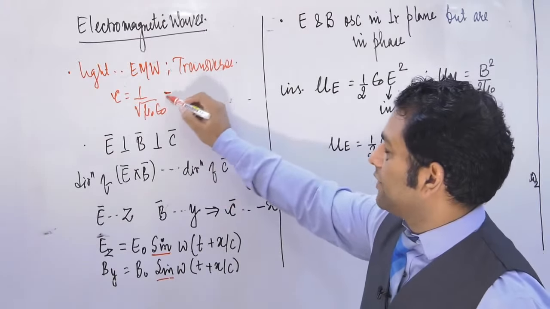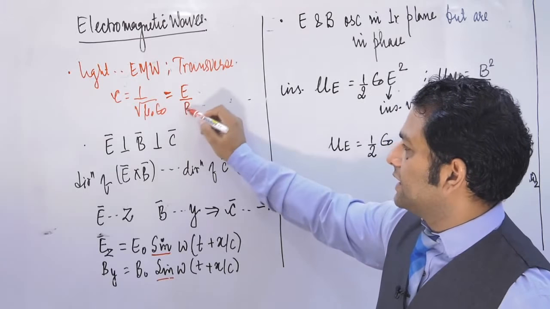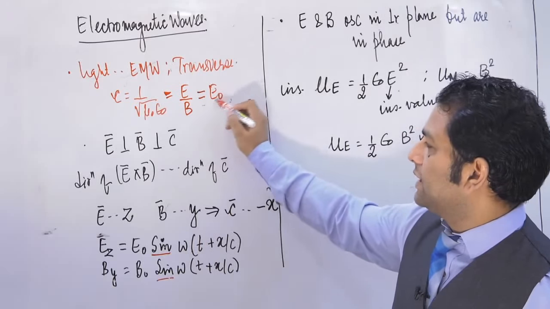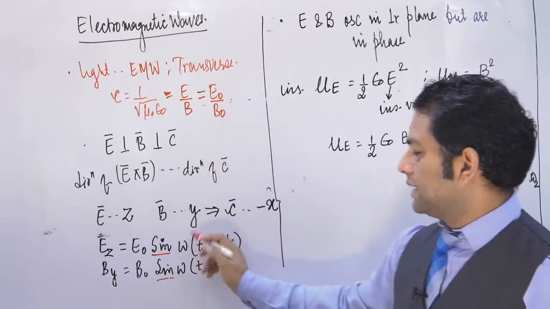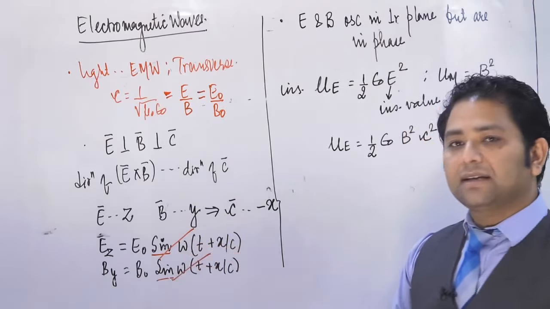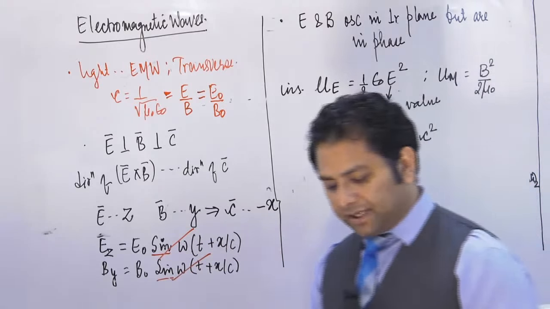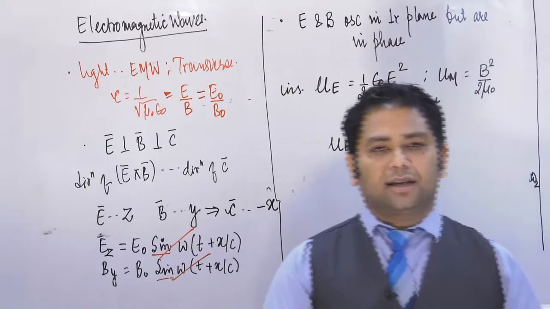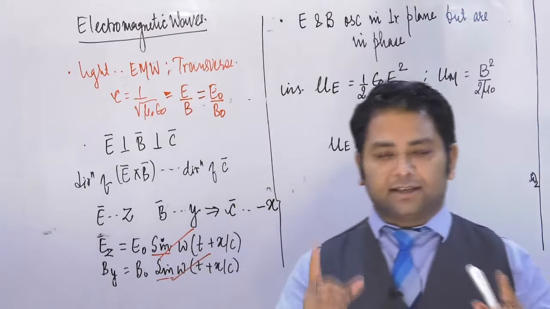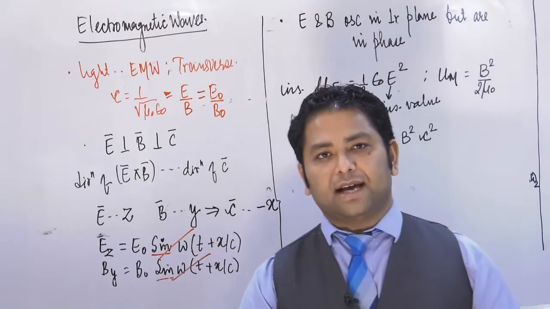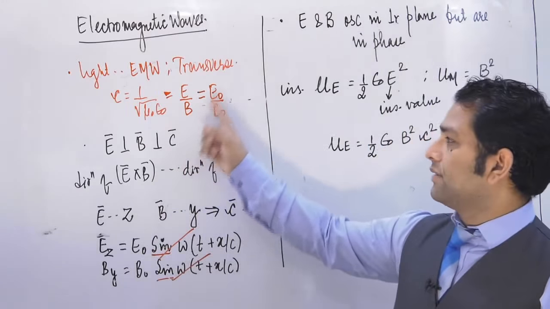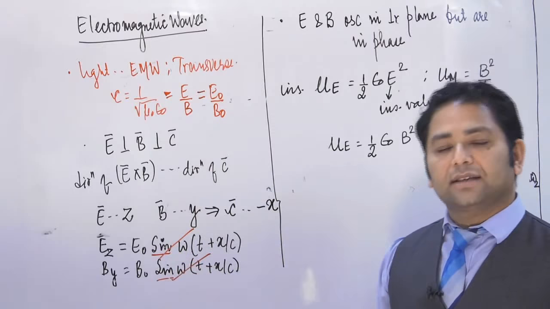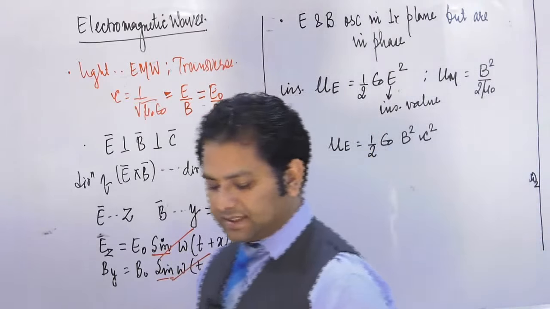The ratio of instantaneous electric to instantaneous magnetic is also equal to peak electric by peak magnetic, because the sine parts get cancelled. Remember, in alternating circuits, for capacitor and inductor, instantaneous voltage isn't the product of current and reactance, but here both the ratio of instantaneous and peak are valid because the phase is same. You need to understand that.